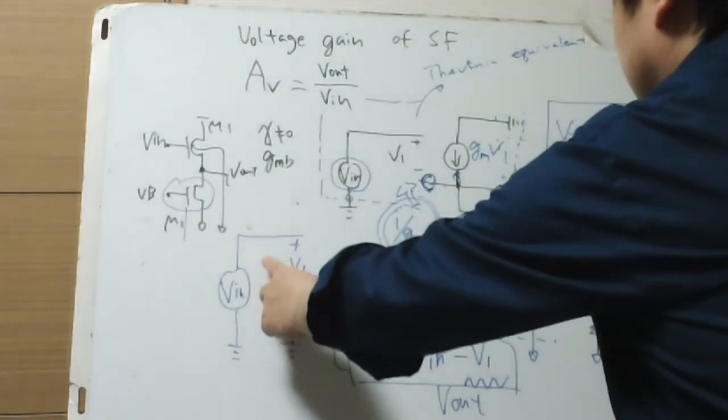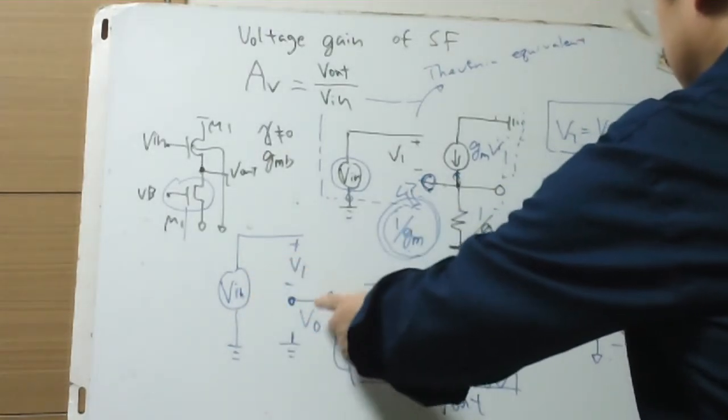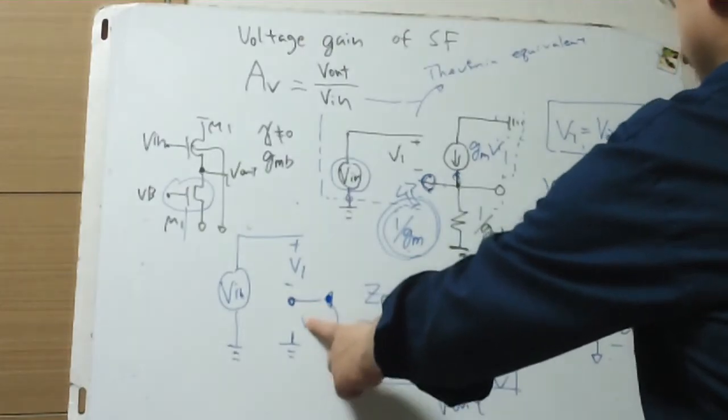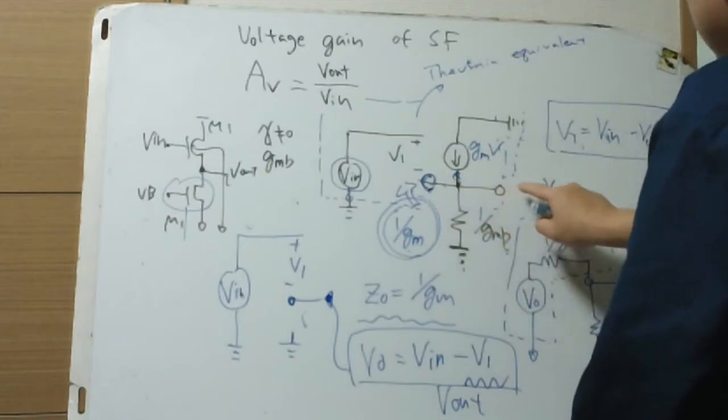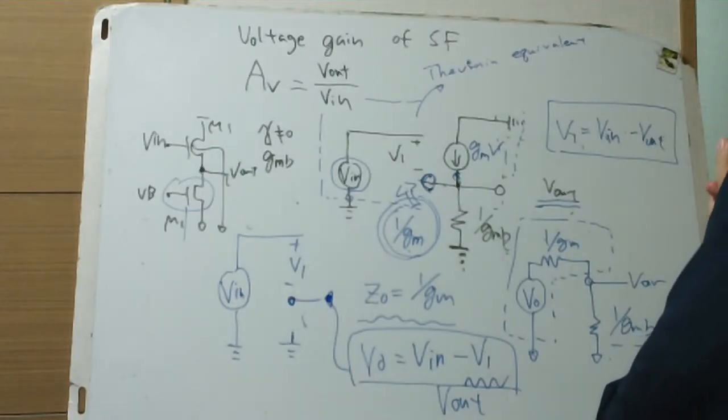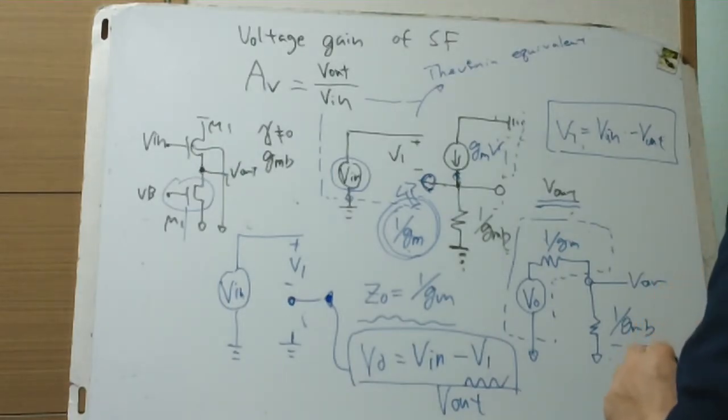Simply, if this is V out, this node is of course V out, but V out does not exist there from this.